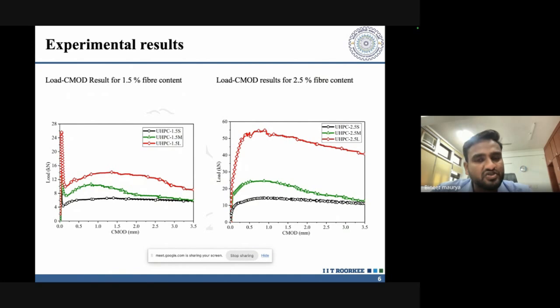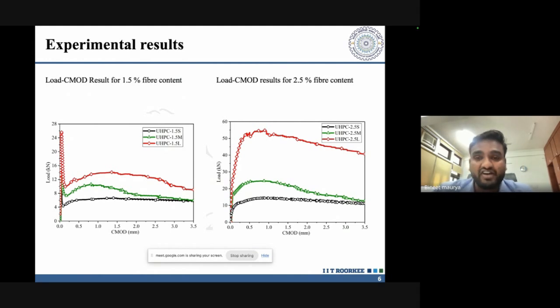This is the experimental result. Basically, here I'm showing the load-CMOD relation, and it was under CMOD control. So these are the two test results you are seeing. It is interesting to observe that in the case of 1.5% fiber, after peak load there is a sudden drop, and after that it increases, and again goes into a softening mode. But it is not so in the case of 2.5% fiber content. It shows smooth behavior. Why are these things happening?